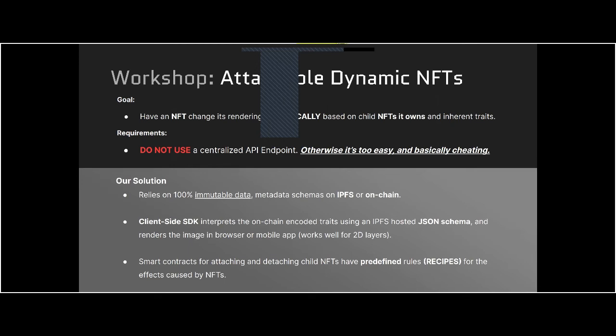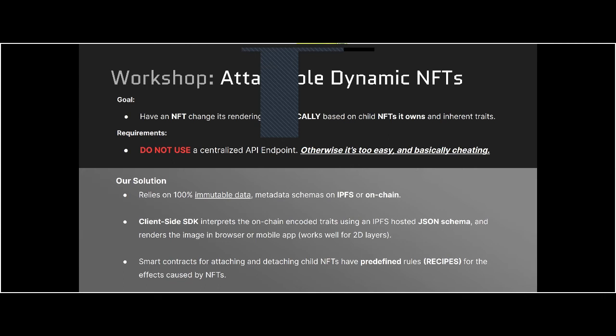So what we're doing here is using immutable data, and using rules that are immutable. The way we achieve this is we have the original attachment NFT and the base NFT published on IPFS, on a decentralized network, and that can also be stored with different incentive mechanisms like Arweave.